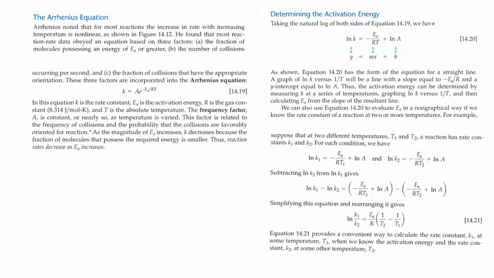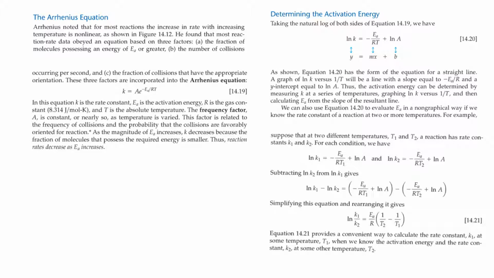The factor is related to the frequency of collisions and the probability that the collisions are favorably oriented for reaction. As the magnitude of the activation energy increases, k decreases because the fraction of molecules that possess the required energy is smaller. Thus, reaction rates decrease as activation energy increases.